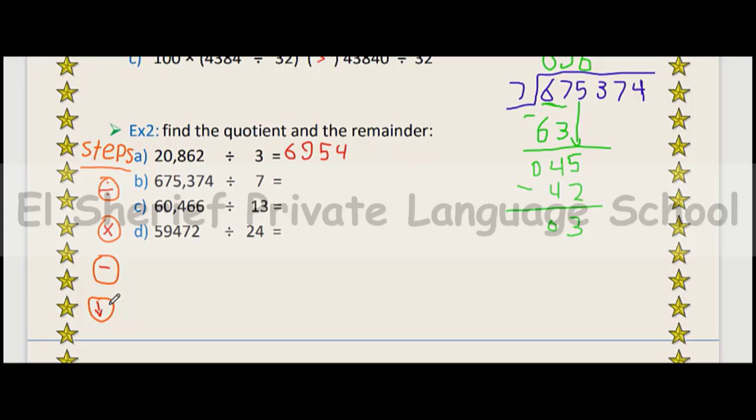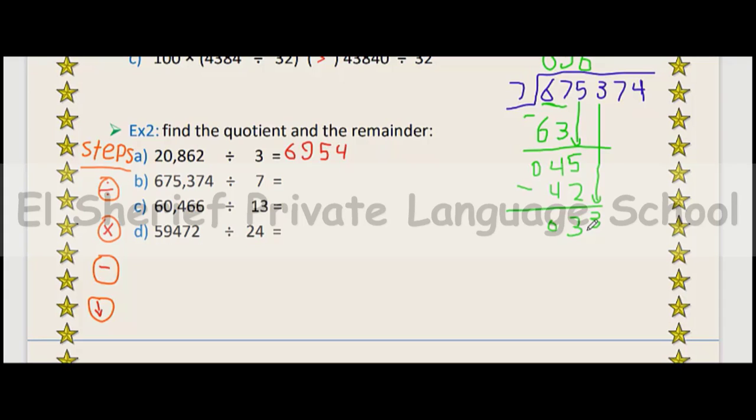Okay, after that we down 3 beside 3, so we have 33.